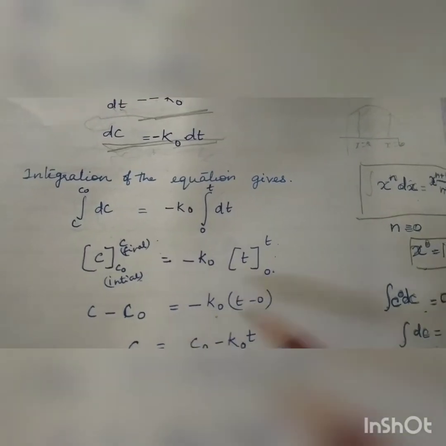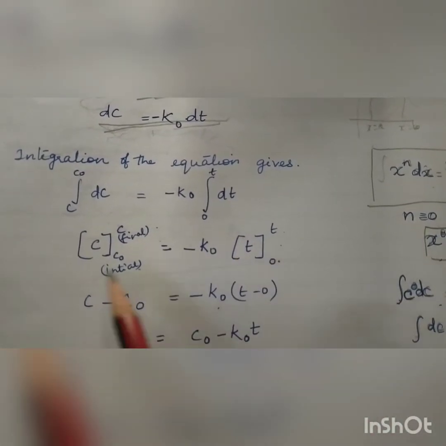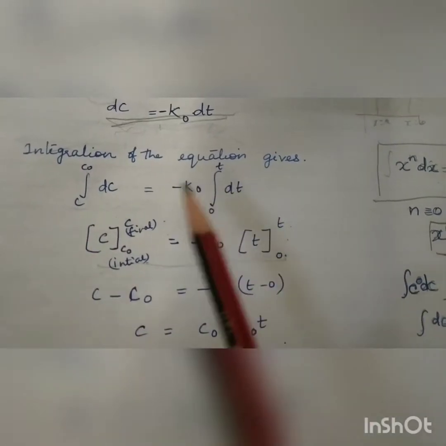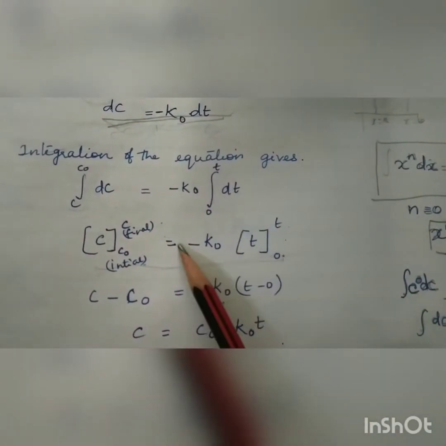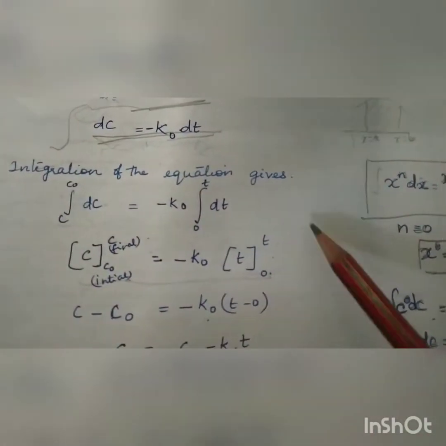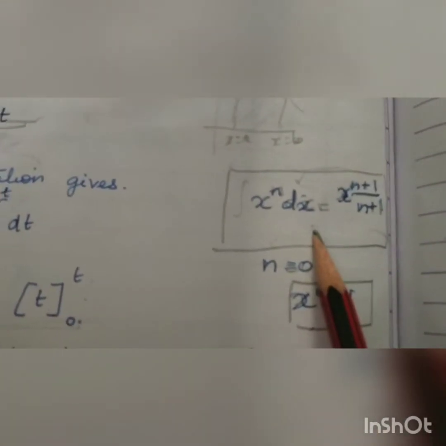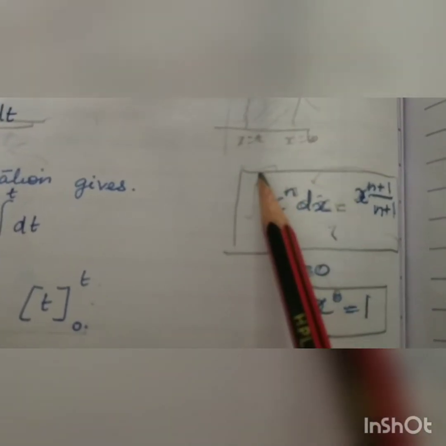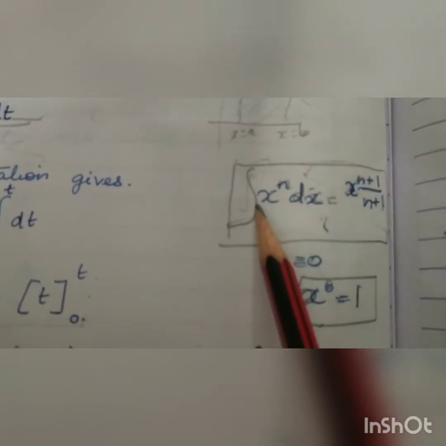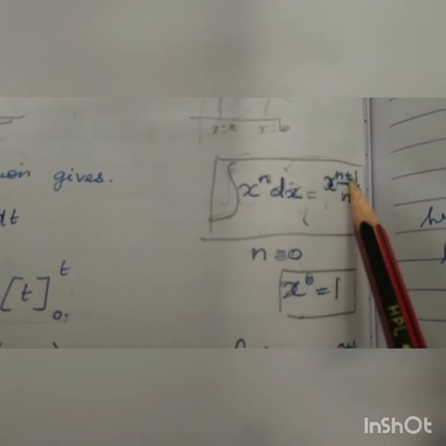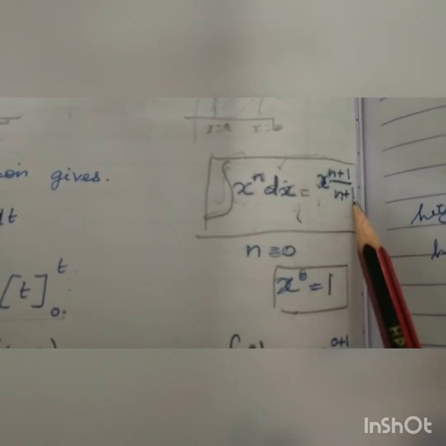Fine. If you look at your book, they have directly given this step. If you are studying on your own, you will definitely break your head. It's very difficult to understand. Here, after integrating, this is one of the integration formulas: the integral of x to the power n dx is equal to x to the power n plus 1 divided by n plus 1.